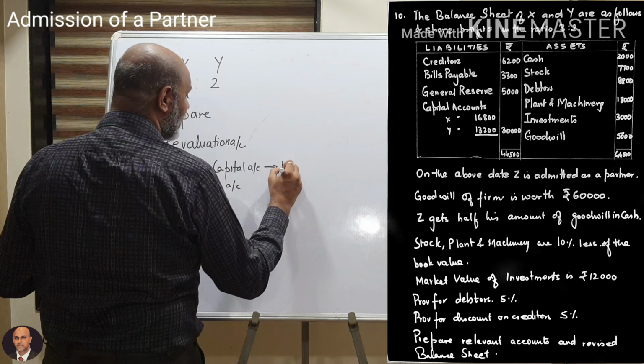We first check if there's any general reserve or P&L or any such items like that to get underway. So the first thing we are going to check is general reserve. Yes, general reserve is there in the sum, and the amount of general reserve is 5,000. So what do we do with general reserve?